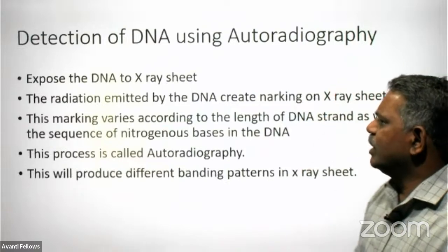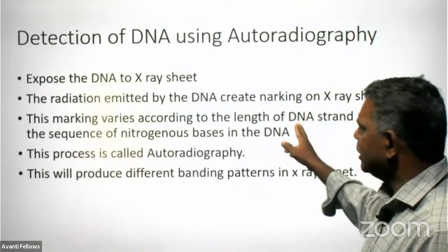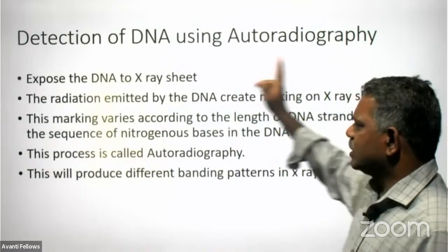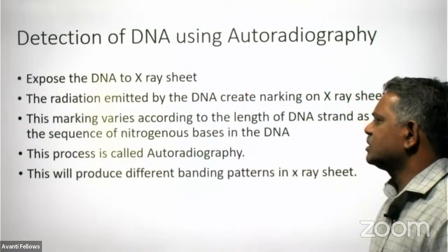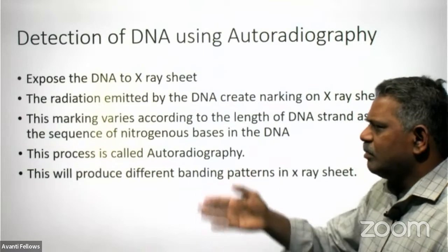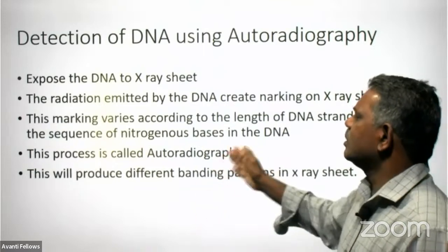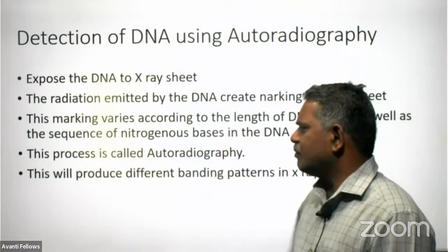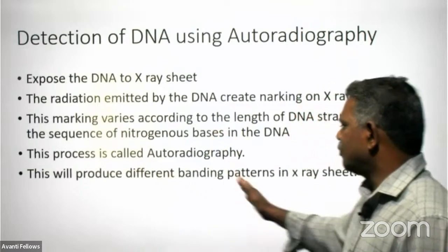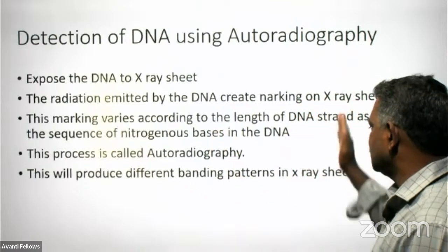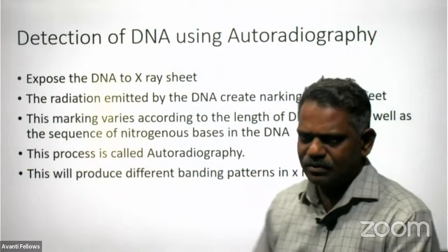This marking varies according to the length of the DNA as well as the sequence of nitrogenous bases present in the DNA. The marking will be different, and this process is called autoradiography, and it produces different banding patterns on X-ray sheets.